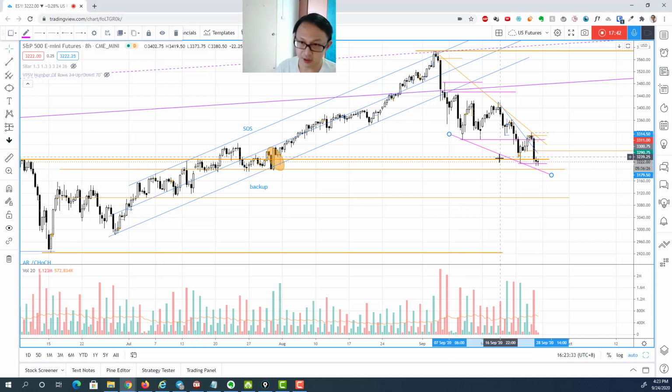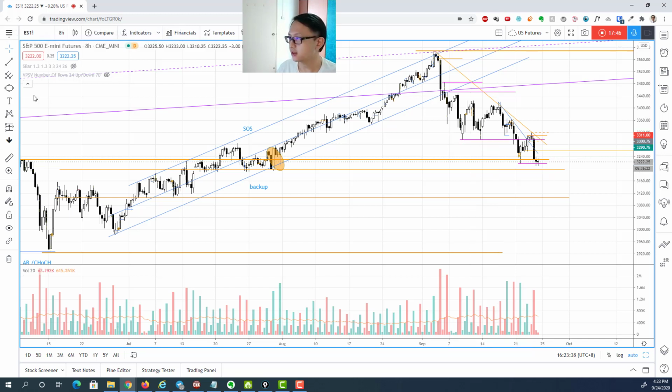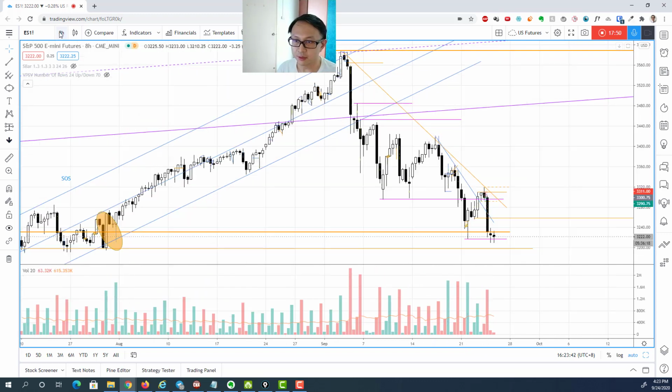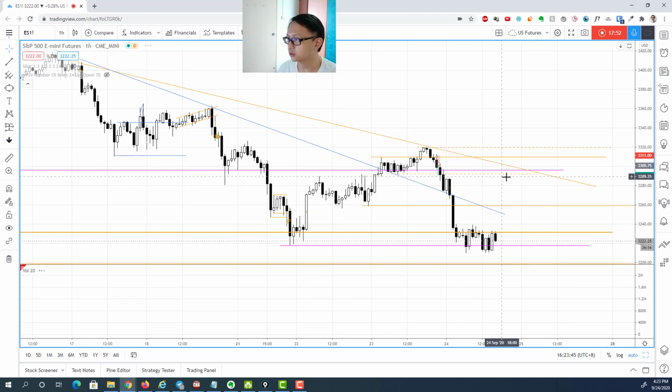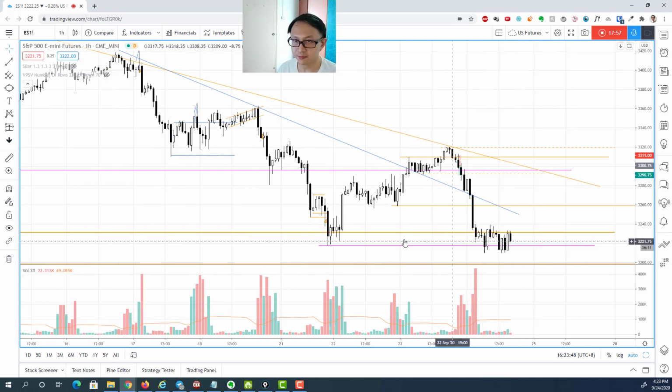So for the immediate trading plan for the later part of the session, what I'm actually looking at is, let me get down to the hourly time frame. And I think so far we are right at the support area.